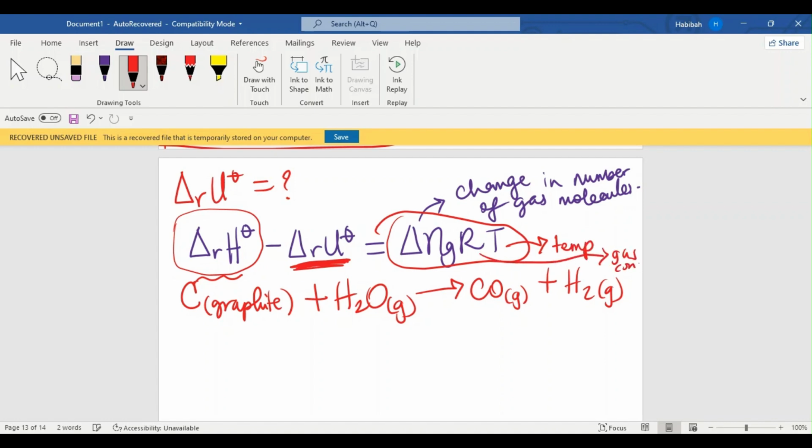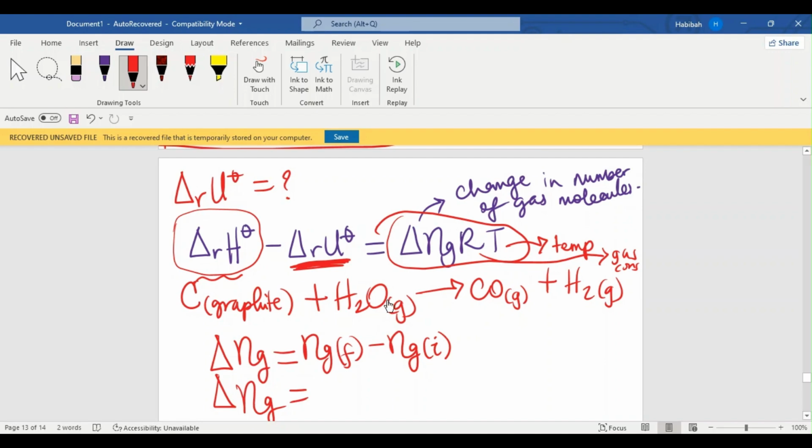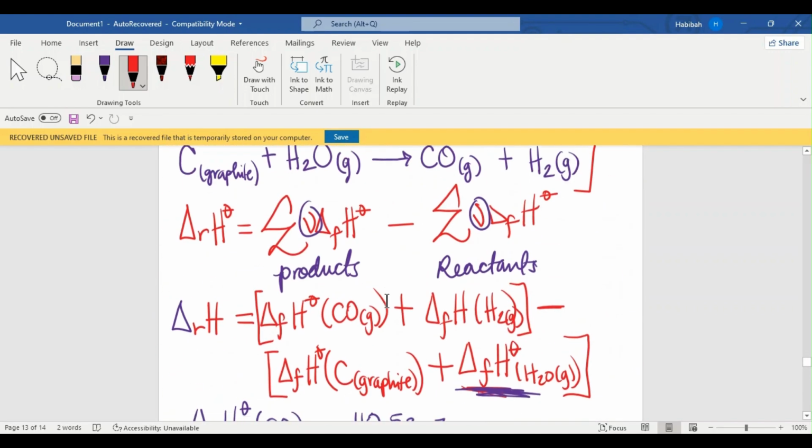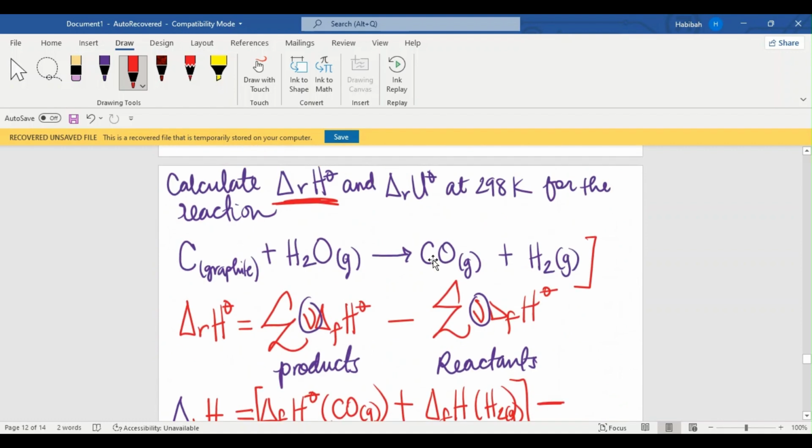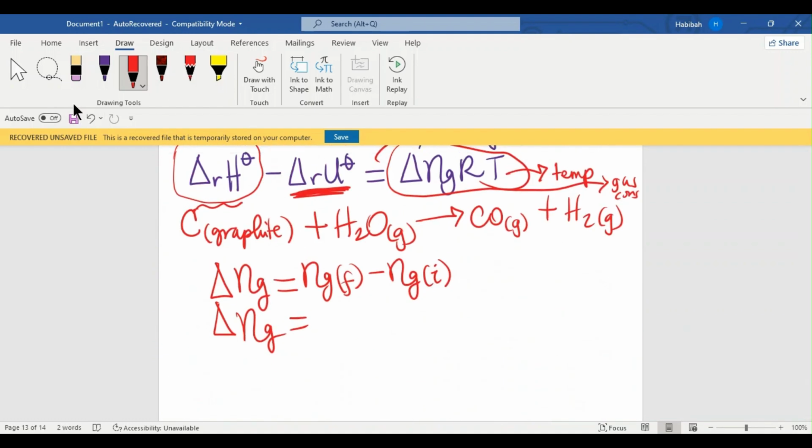And R is basically the gas constant. Now you're going to be wondering what is Δn_g, or change in number of gas molecules. Well, it's just going to be the number of gas molecules at the final state minus the number of gas molecules at the initial state. So for the final state, going back to our equation, this is the reason why I was writing the equation in the first place, we have one gas molecule for CO and then one gas molecule for H2 gas.